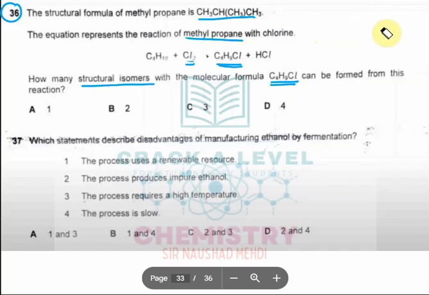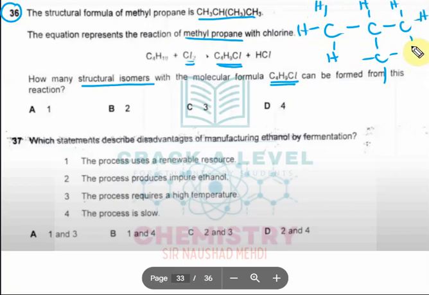Let me draw it again. It would be like this, CH3, and then we have CH, we again have CH3, and then again CH3. So it was like this, methyl propane. If you remove any one of the hydrogens from this side, let me write down the hydrogens first. Now in the substitution reaction, you can remove any one of the hydrogens.